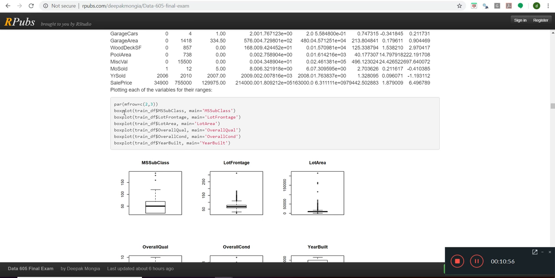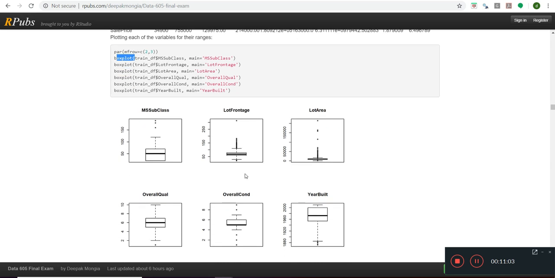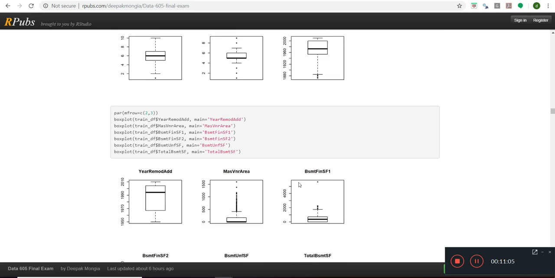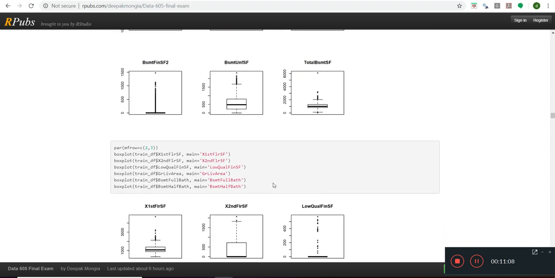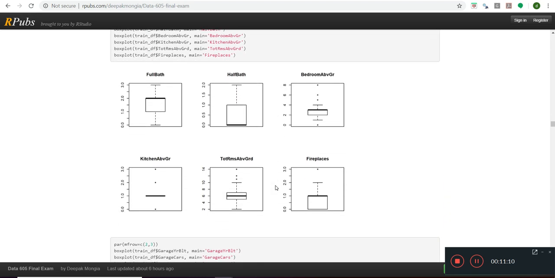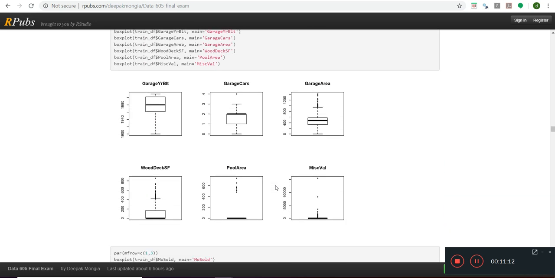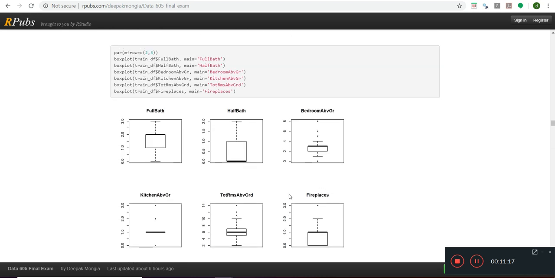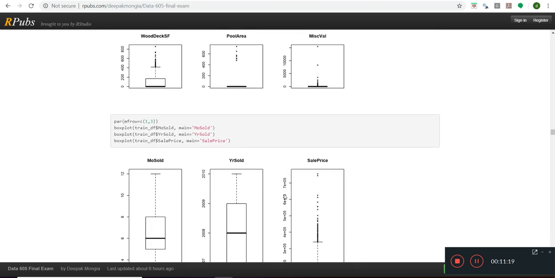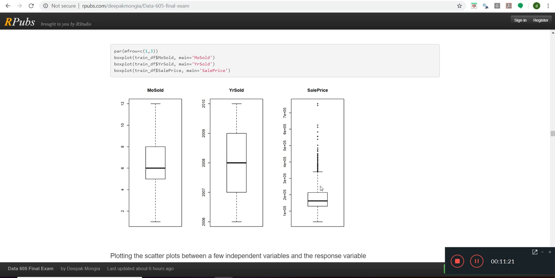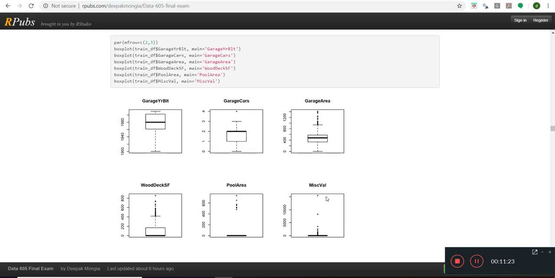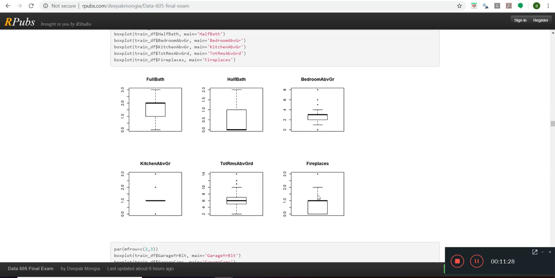I'm using the simple box plot function from base R for all of these numeric variables, and I'm basically trying to see how the ranges are defined in our data set. These are very good plots which will give us an idea which of these are right skewed or left skewed or nearly normal.